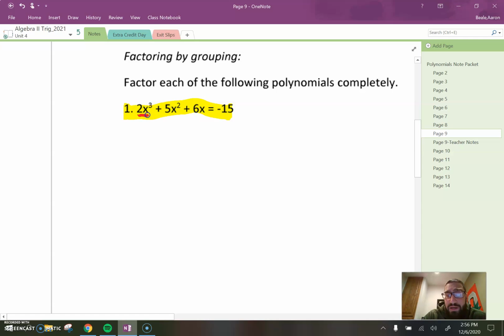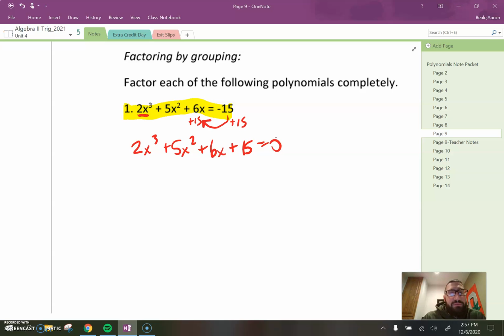According to what I gave you guys in notes, we want that to be positive, which means if we're going to set it equal to 0, we should bring this over here. So I'm going to do that by adding 15. Now, once I do that, I can continue the process, and thankfully, it is in standard form now because it goes 3, 2, 1, 0 as far as exponents go.